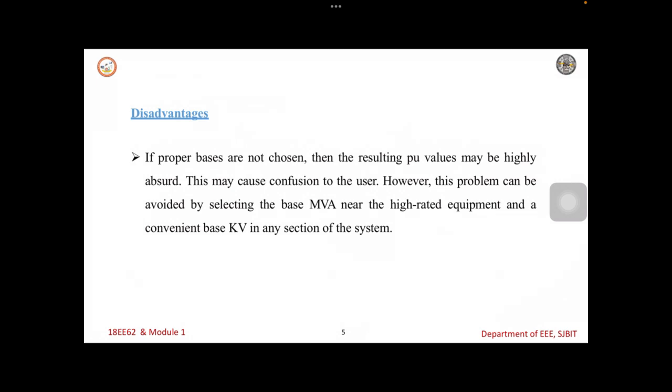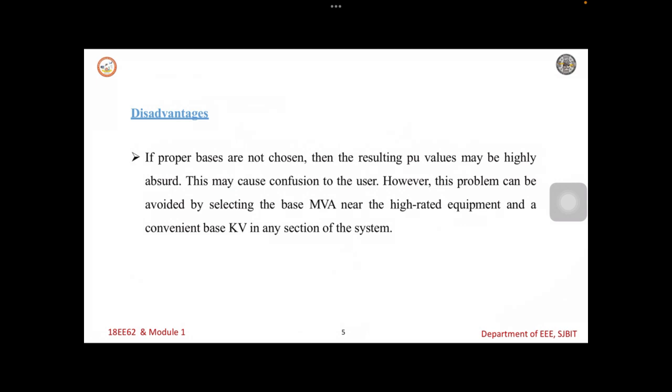The per unit value once expressed on the proper base will be same when referred to either side of the transformer, that is primary side or secondary side, the per unit value of that component remains same.